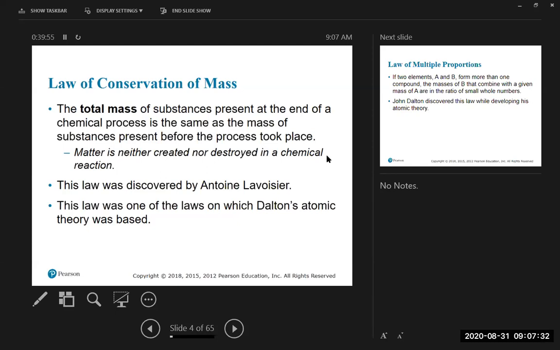But if you captured all that stuff and counted the carbon atoms that you started with, and counted the carbon atoms in all these reaction products, the number of carbon atoms would be the same. So this is the idea that matter is neither created nor destroyed in a chemical reaction. Like I said, the composition changes, the molecules change, but the number of atoms that you started with remains the same. So that's the idea of conservation of mass.